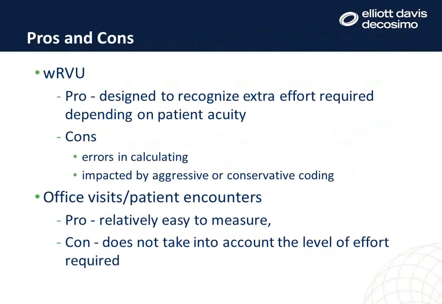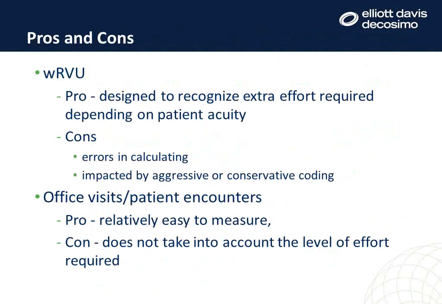So the pros and cons: RVU is certainly the way to recognize effort, and it measures the patient acuity that goes into it. The cons: there are potential errors in calculations. It can be impacted by the physician overcoding or undercoding.